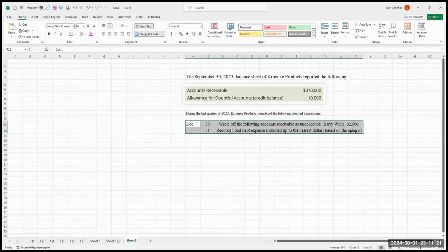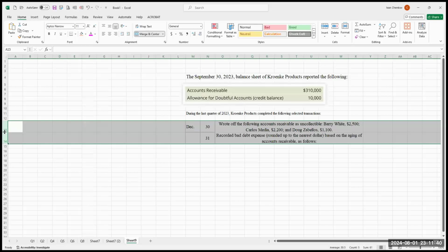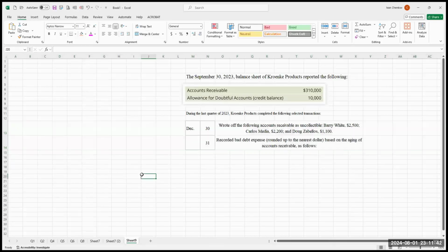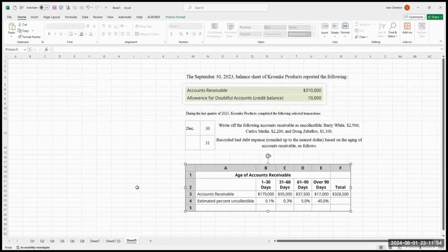I hope you can see all the information here. I think that will help us. Now we have everything. The last thing left is this chart, which looks like this. And now we have all the information.